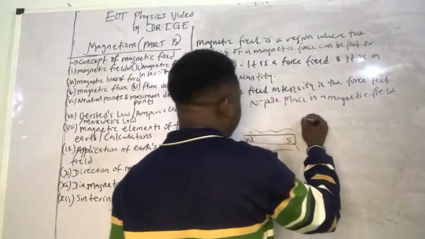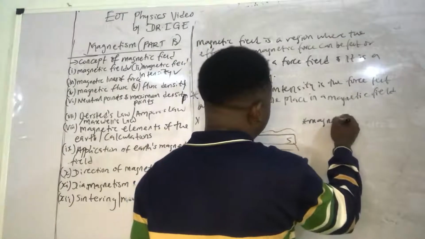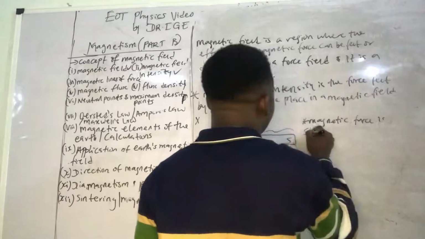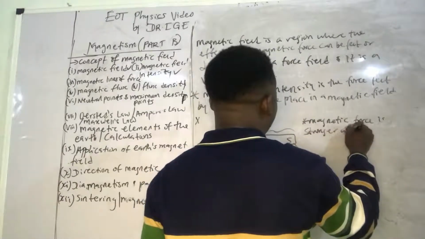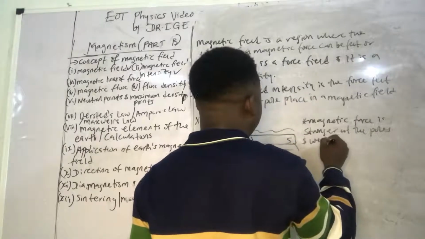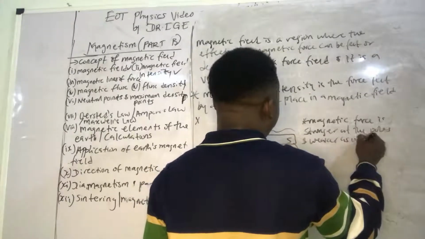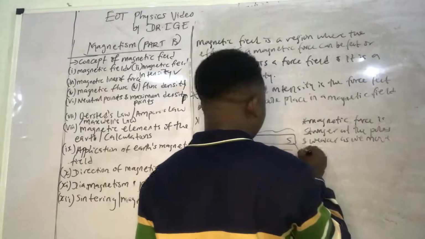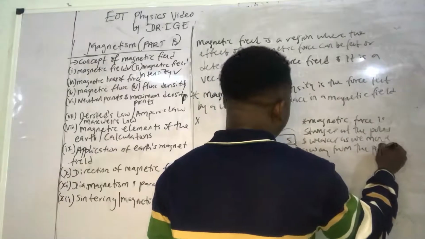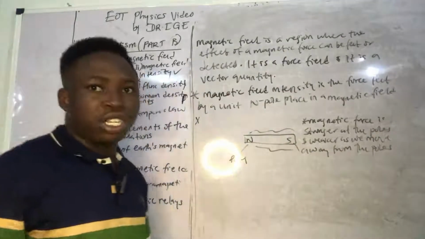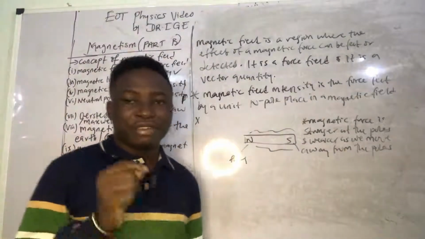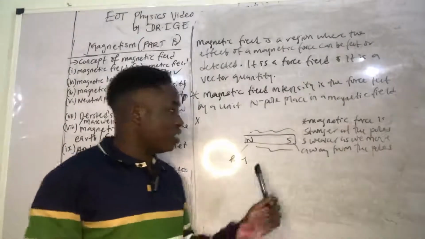Magnetic force is stronger at the poles and weaker as we move away from the poles. So if you are asked in which of the following regions the magnetic field will be stronger, it is around the magnetic poles.